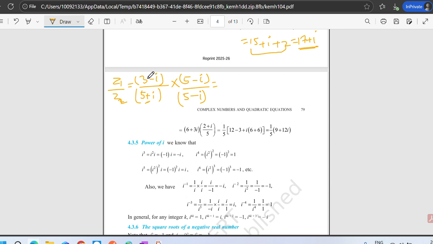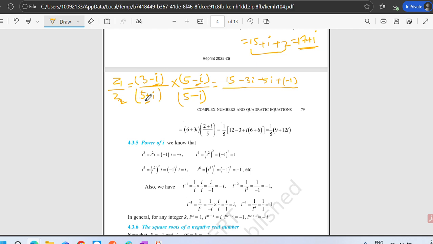And whatever will come, that will be the answer. So let's see, 3 into 5, that is 15. Then 3 into minus i, that is minus 3i. Then minus i into 5, that is minus 5i. Then minus i into minus i, that is plus i square, and i square is minus 1, right? So plus i square, minus 1, I have written in a bracket.